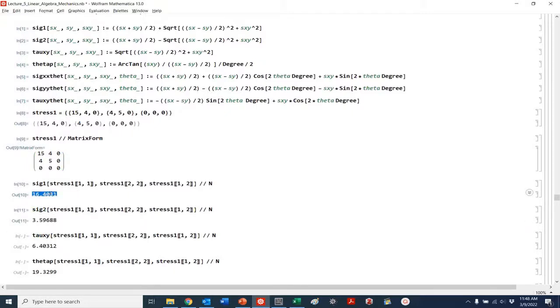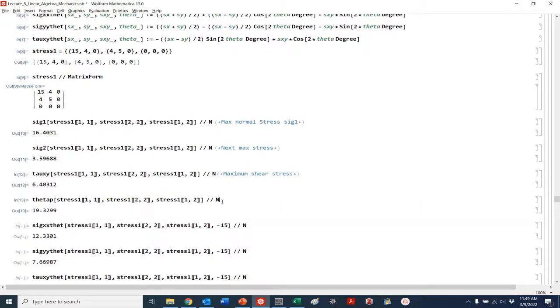We're going to come back to this value. Let's do a comment. This is my max normal stress, sig1. This is my next stress. This is the value of my maximum shear stress when I'm maximizing my shear.